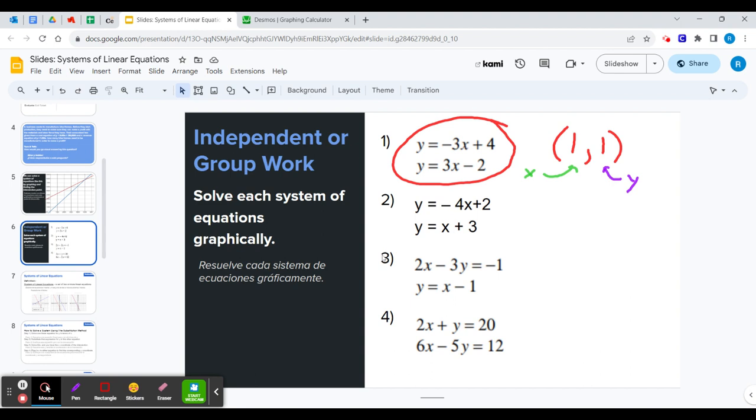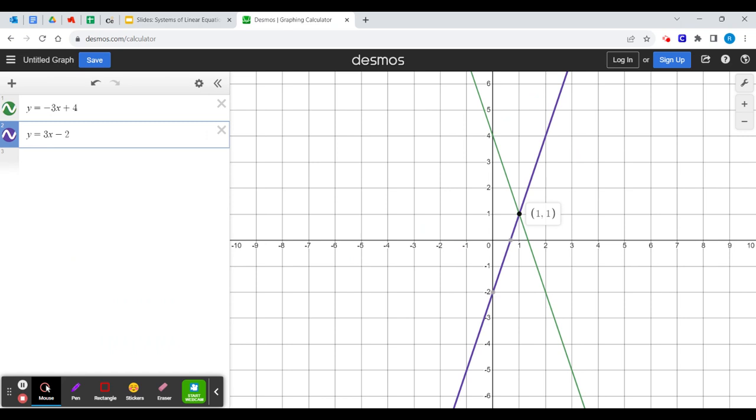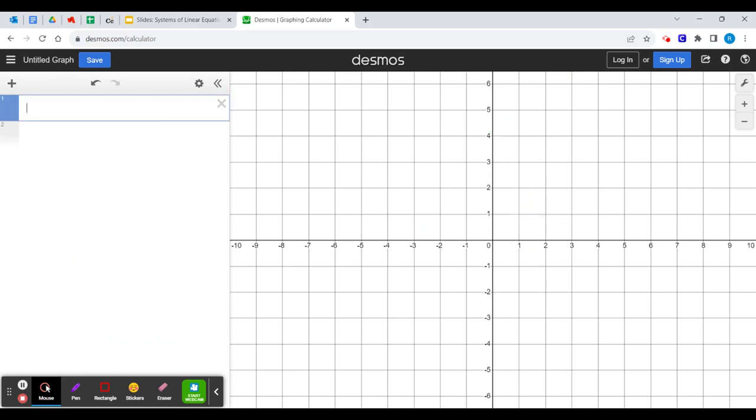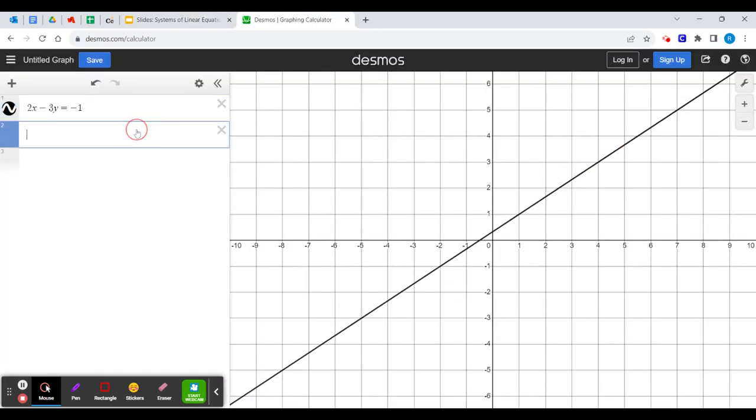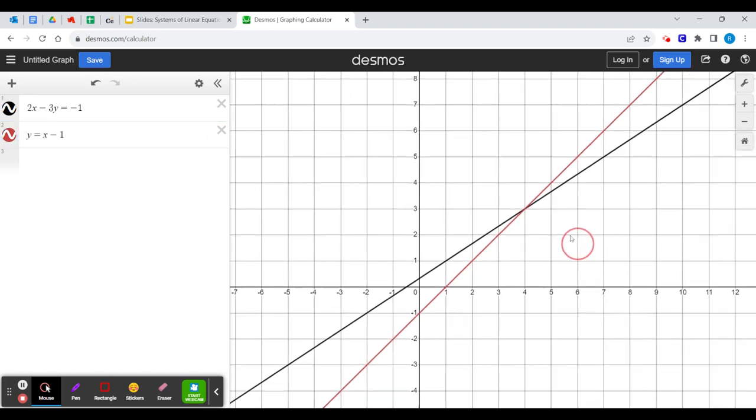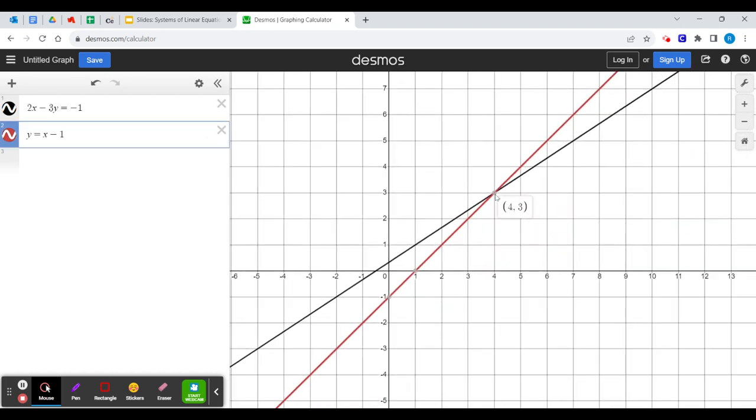So if you do this again, let's do it for, let's say, number 3. Let's do that one as a group real quick. If we plug that into our Desmos, so 2x minus 3y equals negative 1. And the second one, y equals x minus 1. Okay, you can see that we have an intersection point over here.